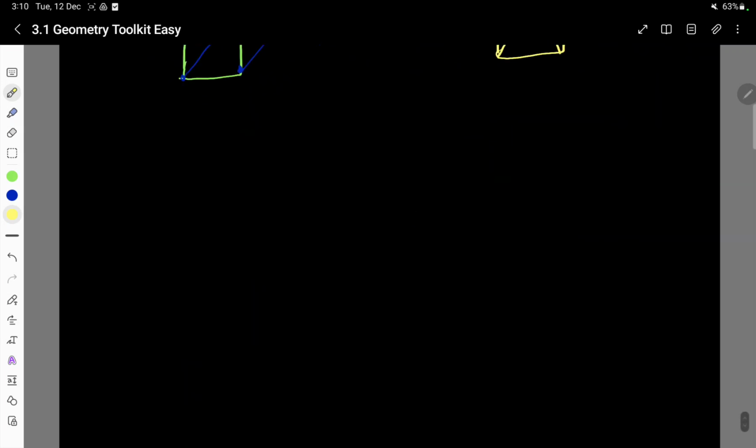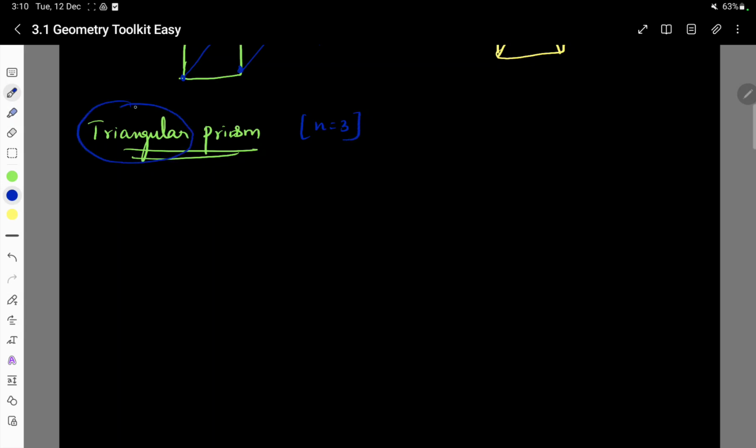So now we can see the triangular prism. With the help of the triangular prism, I'll tell the formulas. Then I will tell for the triangular pyramid. So in a triangular prism, how many sides do we have in the base? n equal to 3, because in a triangle we have 3 sides, n will be equal to 3.